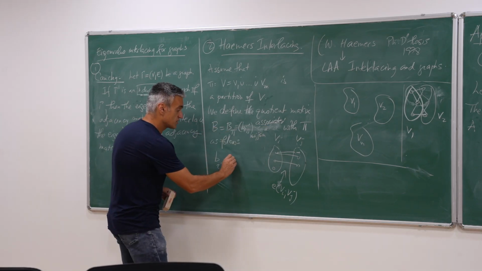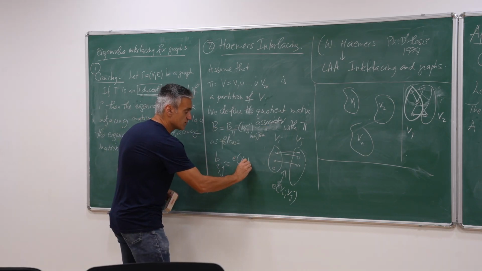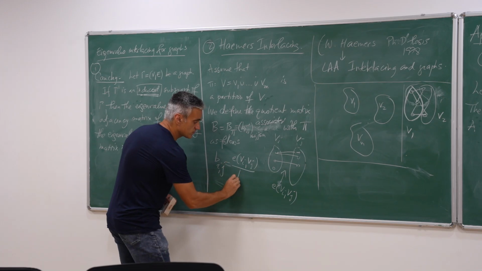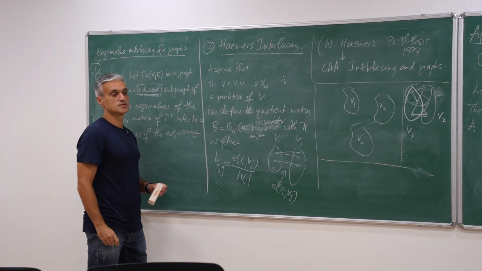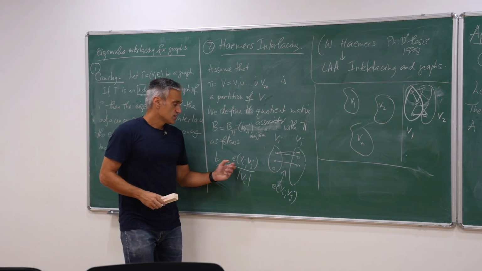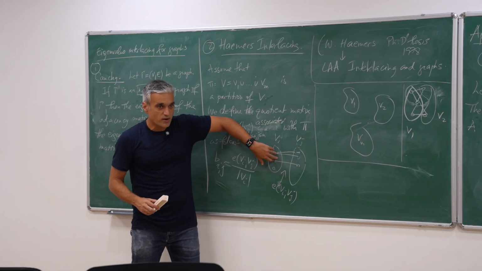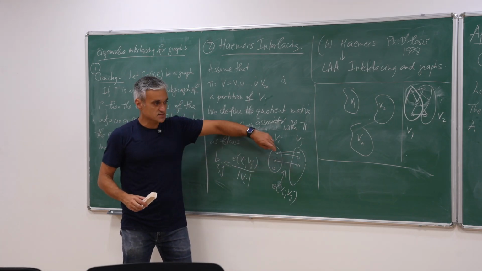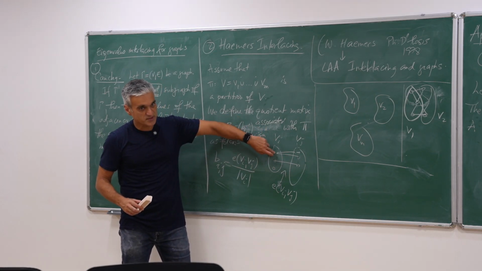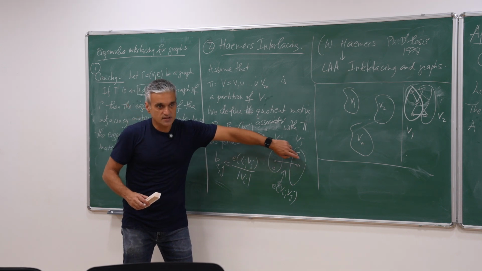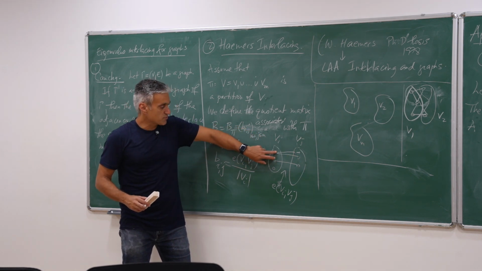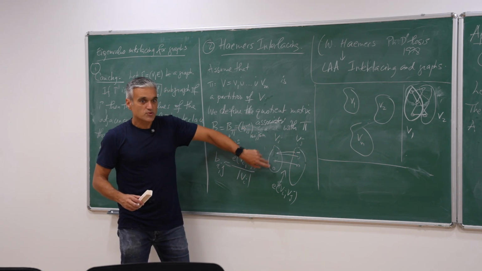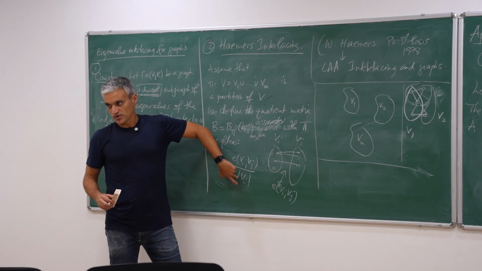So this Bij is e(Vi, Vj) divided by the cardinality of Vi. Because again, in between these two parts, the number of edges is the sum of the neighbors of the vertices in here that live in here. And then you average by the number of vertices that live in here, which is the cardinality of Vi.